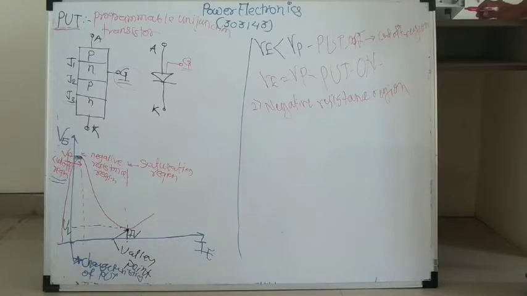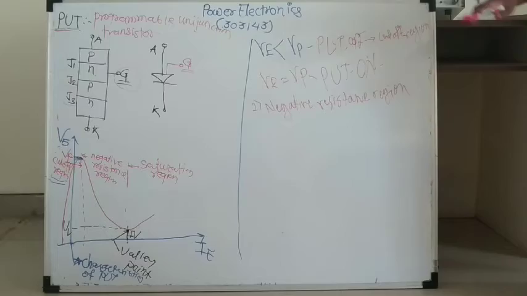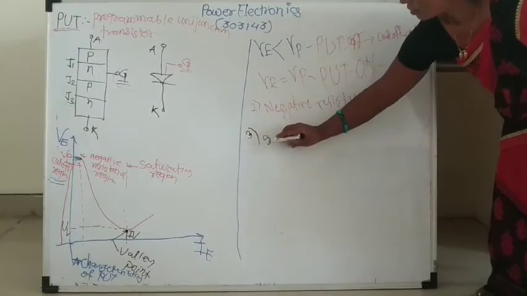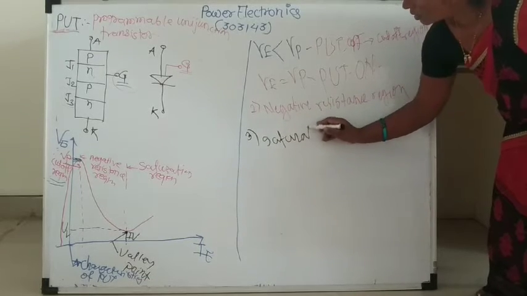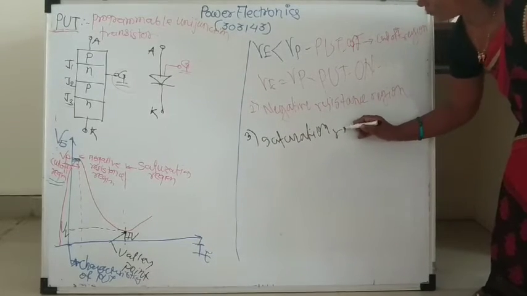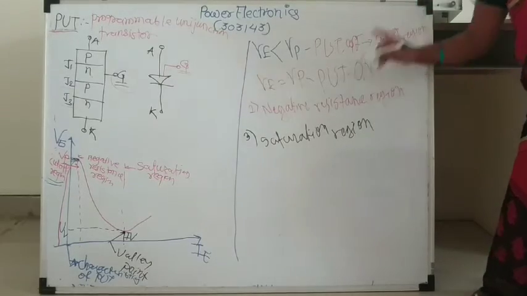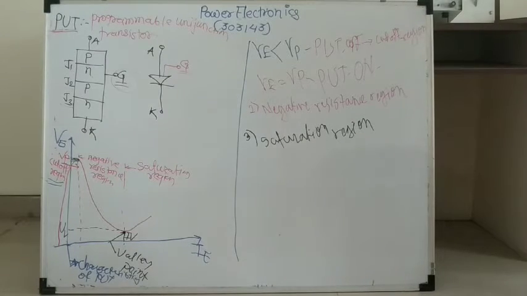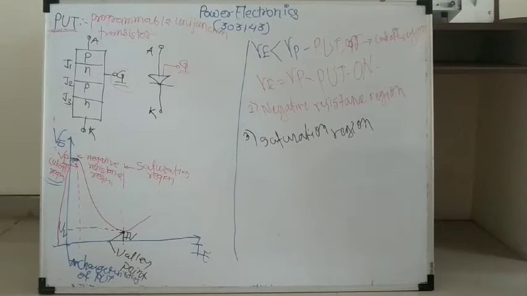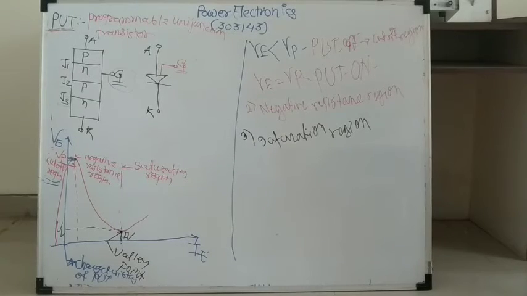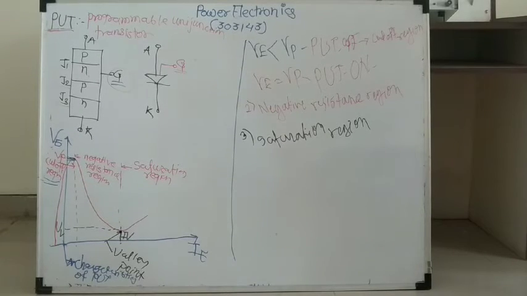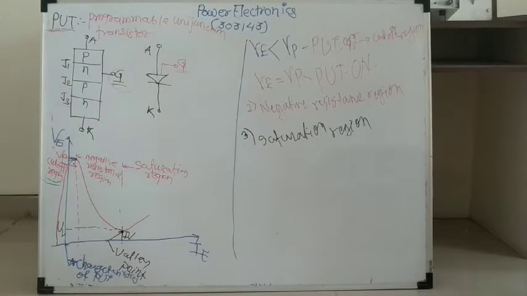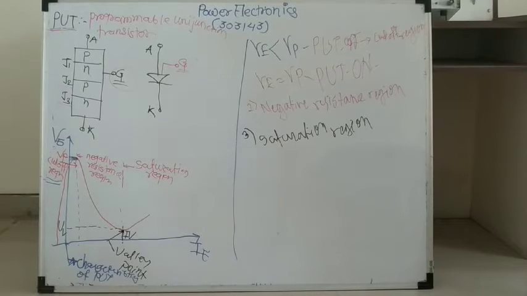Now the third region, that is the saturation region. Now observe what happens in the saturation region. After a certain limit, your emitter current goes on increasing, and your emitter voltage also starts increasing. This point is called the valley point, means your PUT goes into the saturation region.